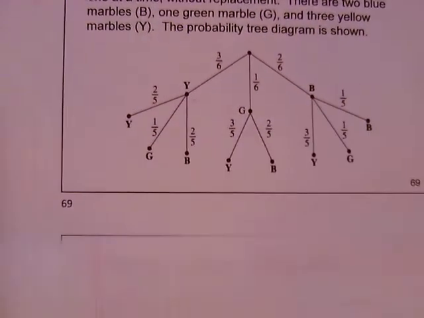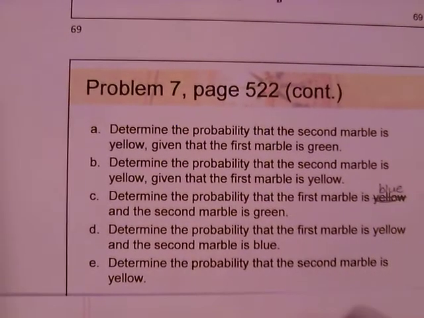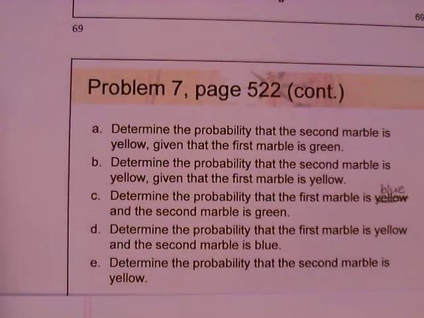Part C. Determine the probability that the first marble is blue and the second marble is green. Not given, it's and. Okay, it doesn't say given, it says and.